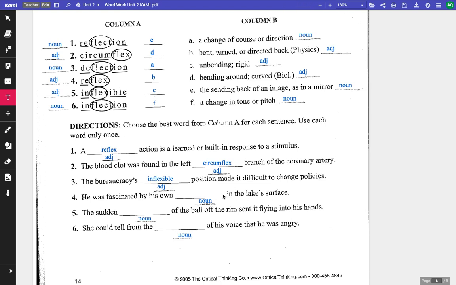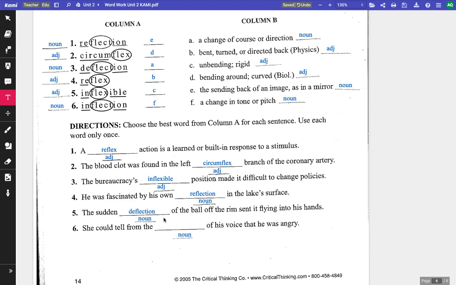He was fascinated by his own blank in the lake's surface. Reflection. He was looking at his reflection or the sending back of an image like in a mirror. The sudden blank of the ball off the rim sent it flying into his hands. Deflection.